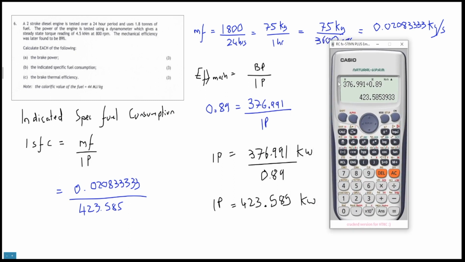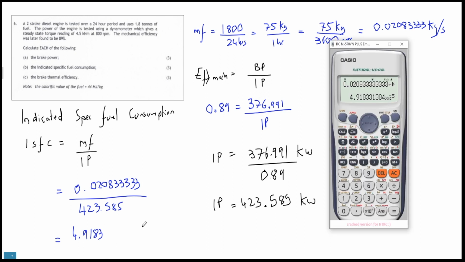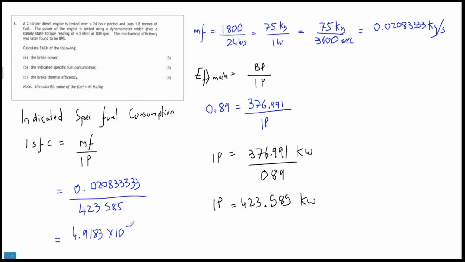Let's try and keep it separate for now. So 0.0208, whole bunch of threes, divided by my previous answer, 423.585, and it gives me 4.9183 times 10 to the negative 5.